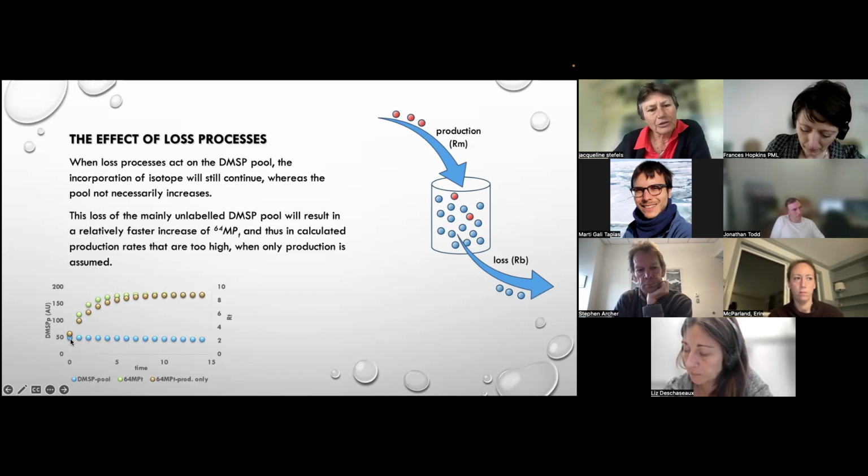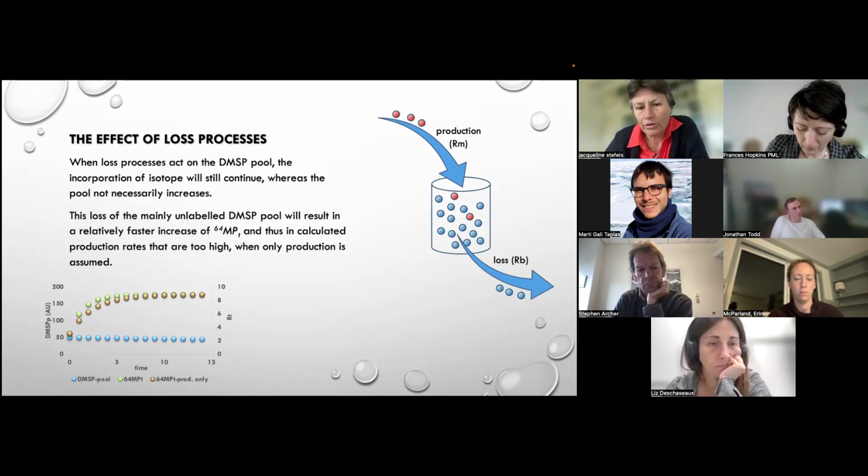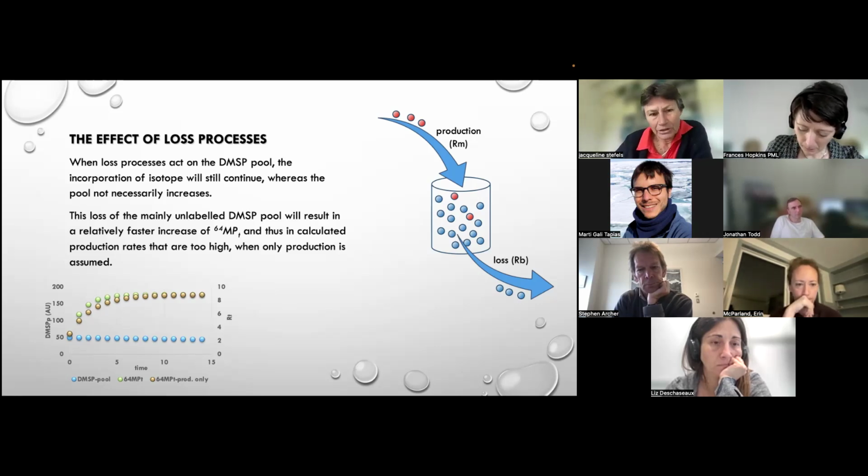For instance, if you do an experiment and your DMSP pool goes down because there is more loss than production, then you will find in the mass spec the green ratios, whereas the actual growth of the algae that you want to study is following the brownish ratios and is therefore lower.